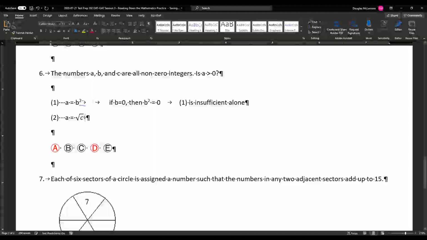How about 2? Is 2 alone enough to tell me this? So if C is equal to 0, then the square root of C is going to be equal to what? If C is equal to 0, then the square root of C is going to be what?